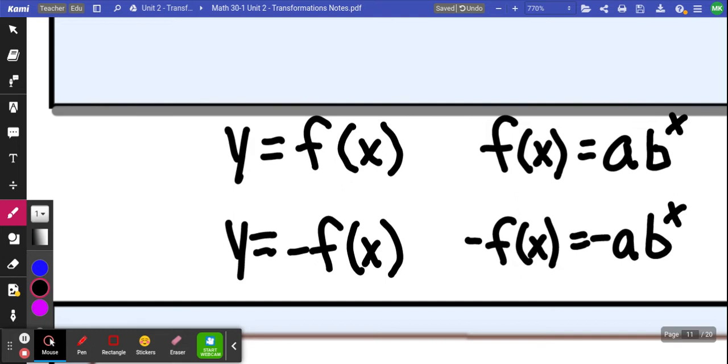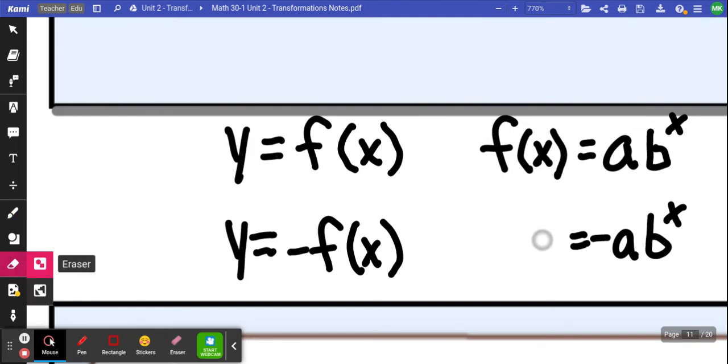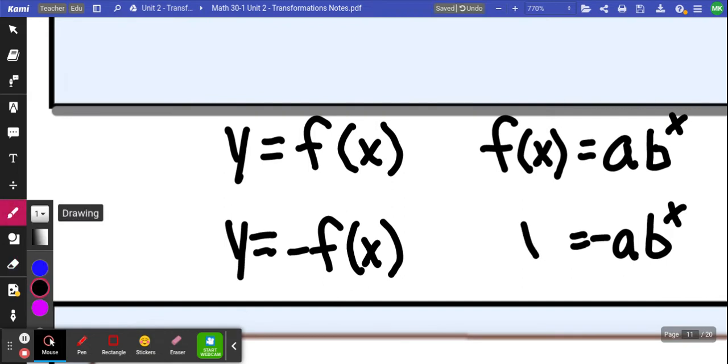Negative f of x would be this. I just put a negative in front of the function. And where it gets confusing is then we say instead of using f of x, we call it y. All right, this is negative f of x. That's the negative of my function, which is this.